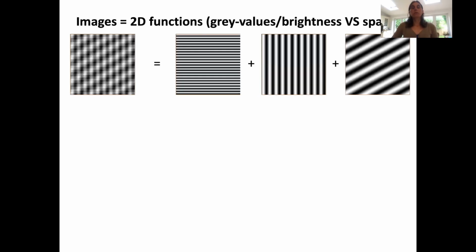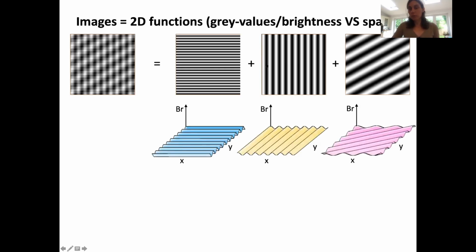Right, so let's go back now to our very simple image, which is the sum of these three sinusoidal components, which we can also represent like this. Each one of these sinusoidal components has a Fourier transform, which is nothing else than a peak corresponding to the frequency of this one oscillating wave. So in this case, we also have a directionality.